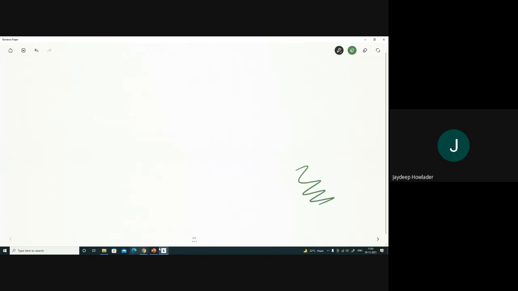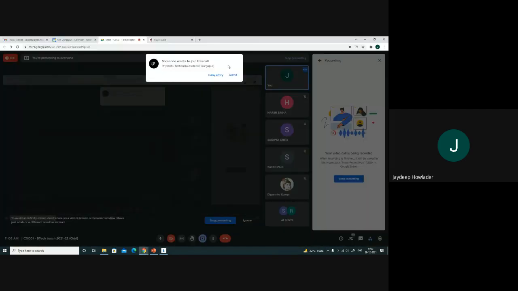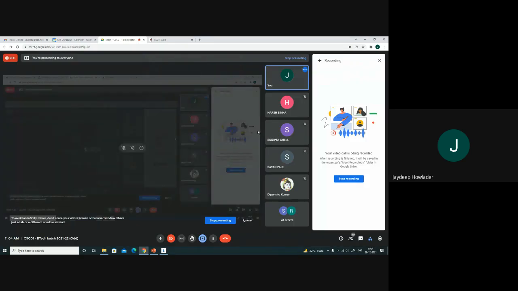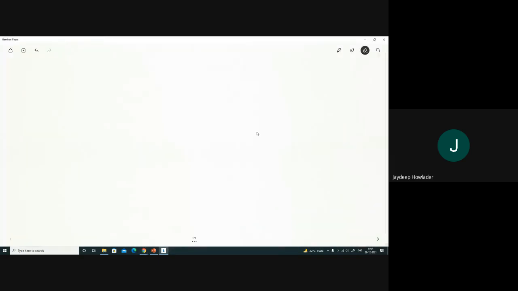Okay. So in our previous class, we understood how we can represent an integer in the memory.